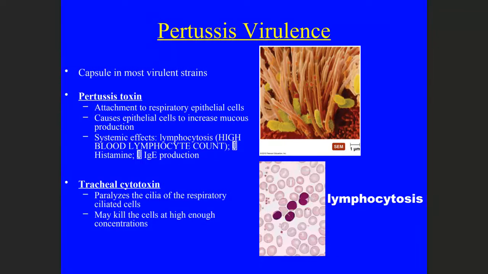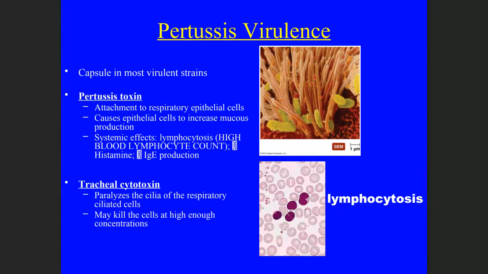Now, the bacteria is usually spread through droplet transmission, where a child that has it would spread it through coughing or sneezing. And what really is important here is that this bacteria, once it gets into the throat here, it produces two toxins.